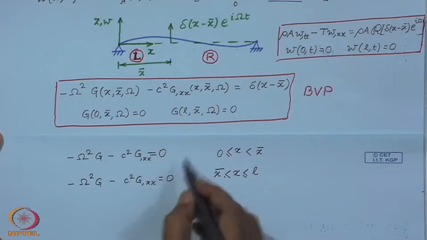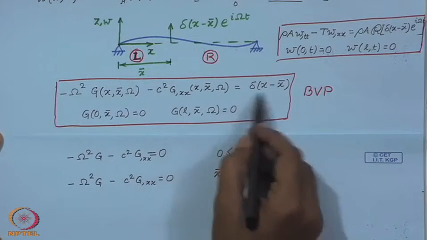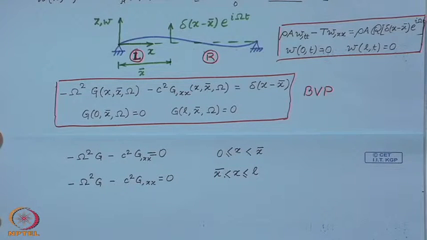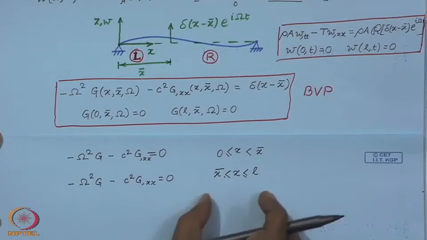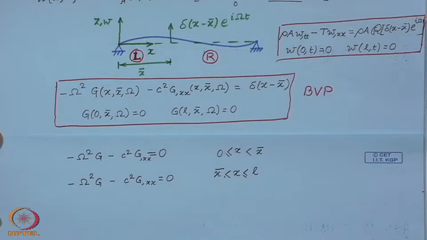Only at x equal to x bar is there this Dirac delta function acting. In the other regions there is no forcing.